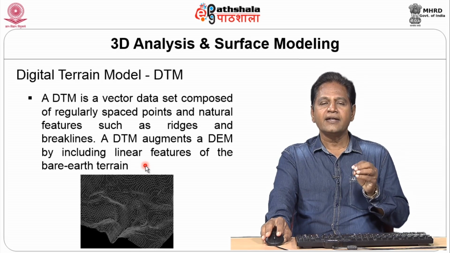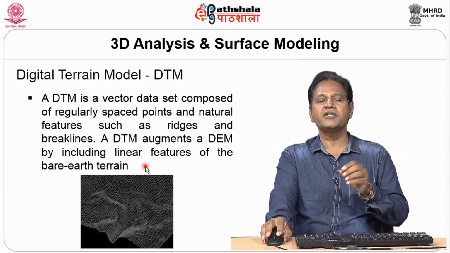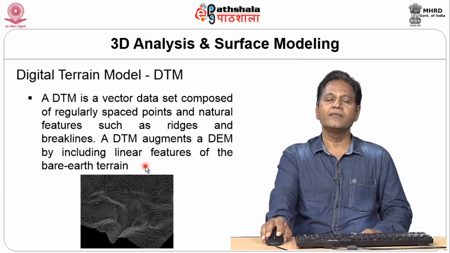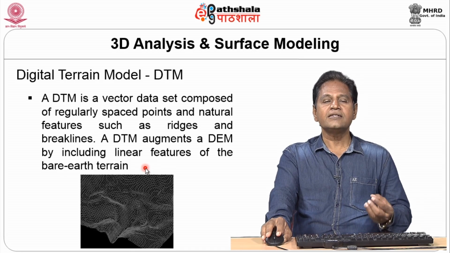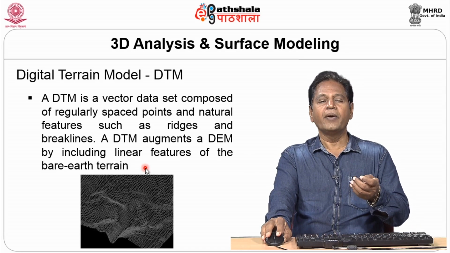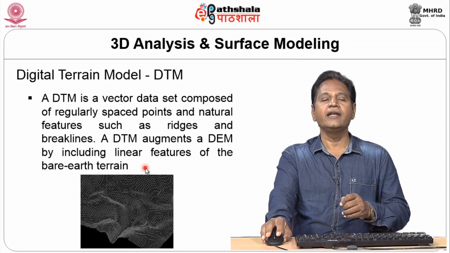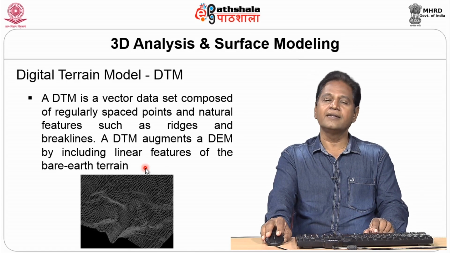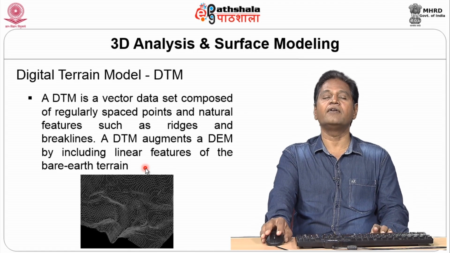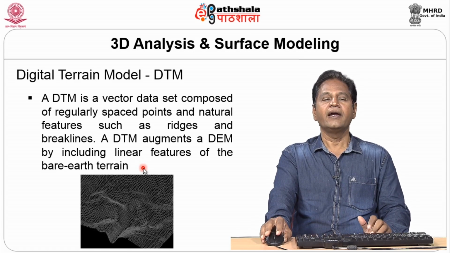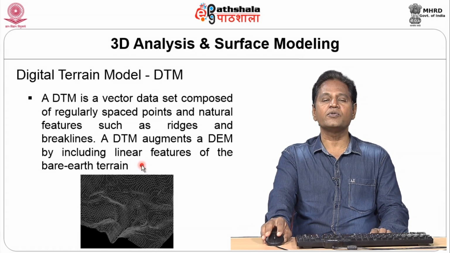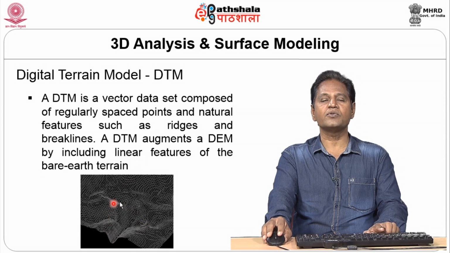So, from a data set comprising regularly spaced points and natural features such as ridges in the hills, a DTM is generated. This augments a DEM by including the linear features of the bare earth terrain. Normally, whatever you have on the earth surface, a digital elevation model will be there, and a terrain model will be a kind of superimposed. You can see how it is superimposed.